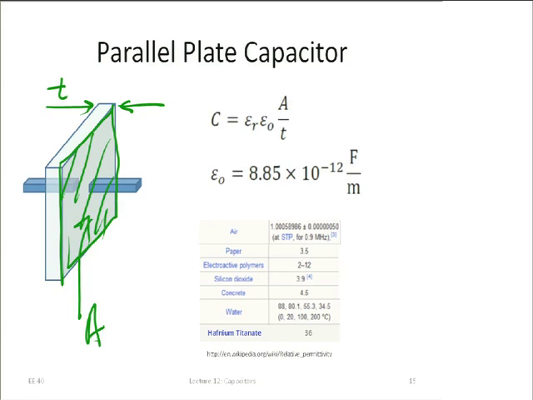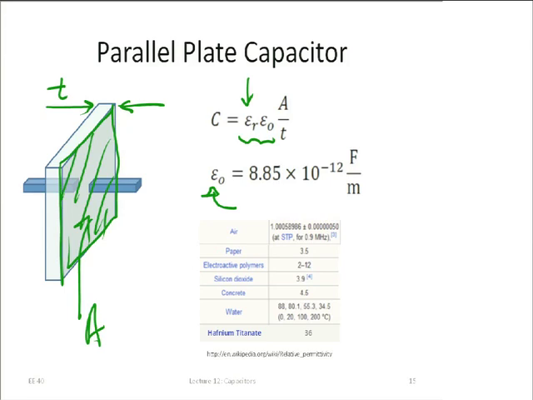Then there is some proportionality constant. The first one here is just a constant, a nature constant, much like the Boltzmann constant or the electronic charge. And then the other part is epsilon r, which depends on what material we actually have between these plates.